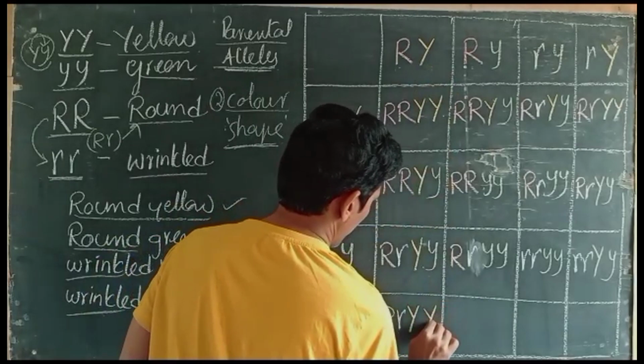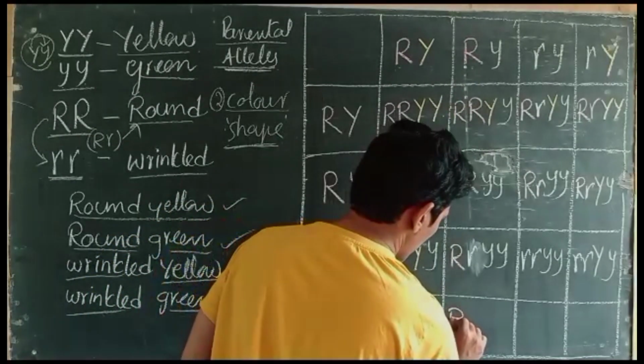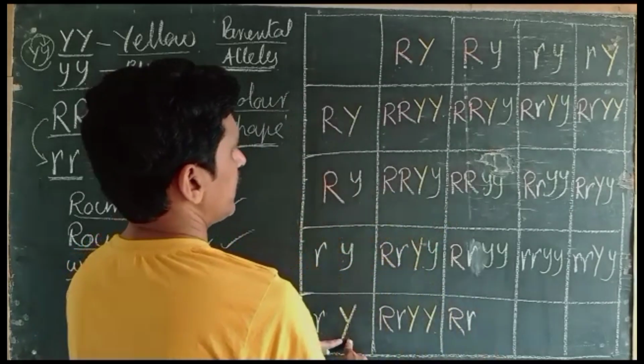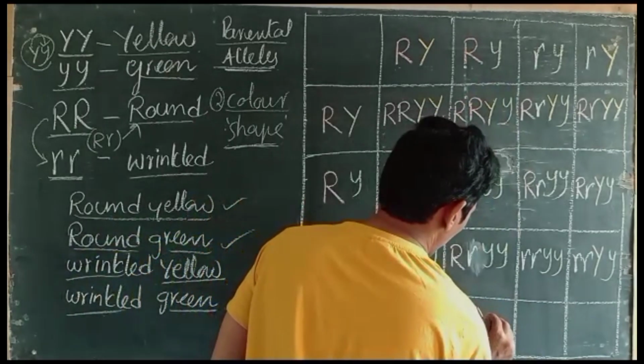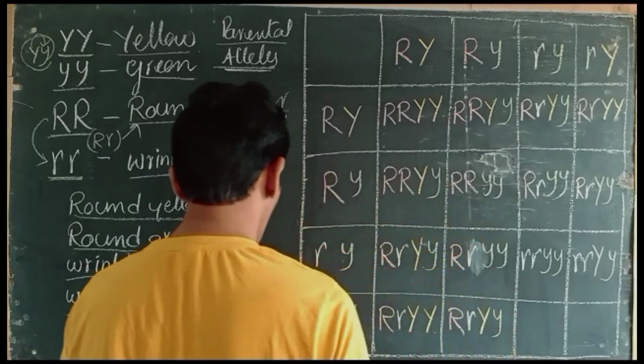capital R, smaller, and here it is a capital Y, small y, capital Y, small y, capital Y, small y.